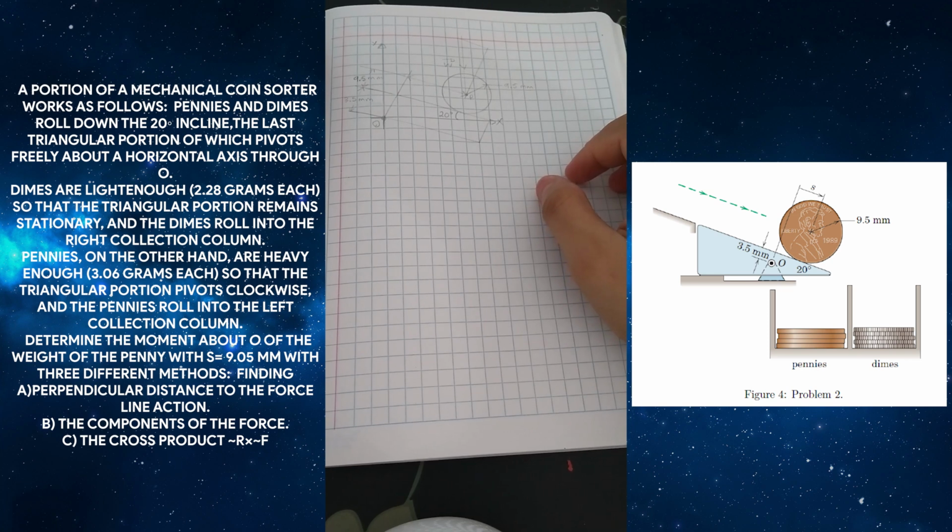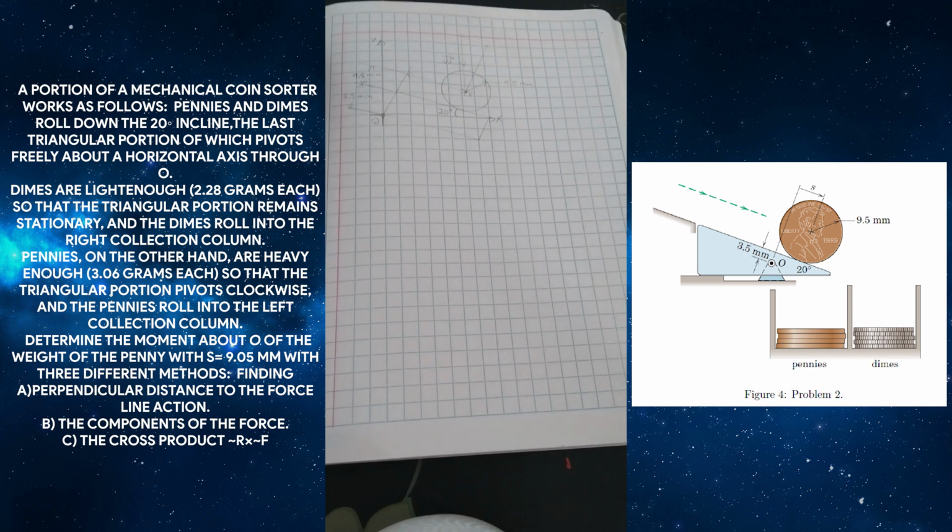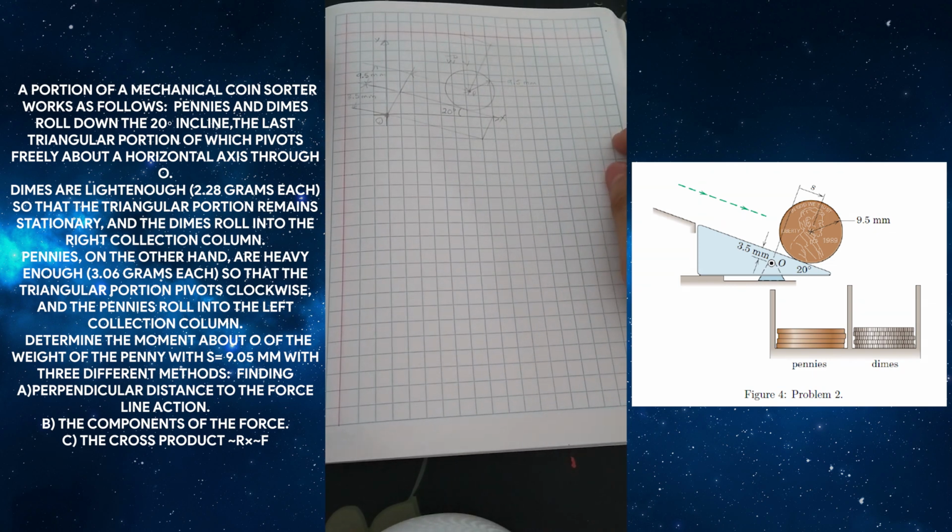This is the second problem that I'm going to solve, and this problem says that a portion of a mechanical coin sorter works as follows.